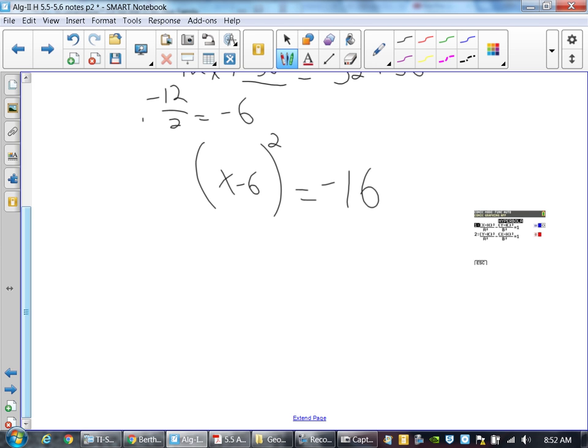Plus or minus 4i. So we have x equals 6 plus or minus 4i. Now, does that mean it's 10i and negative 2i? No, because 4i is different than 6. Correct. Treat it just like you would combine like terms. You can't combine those two, okay?